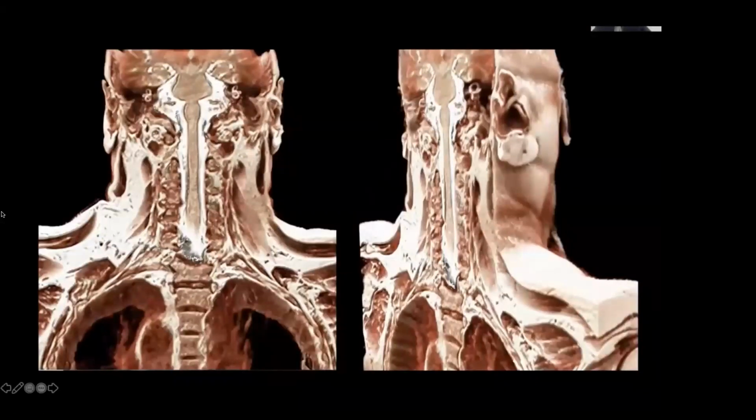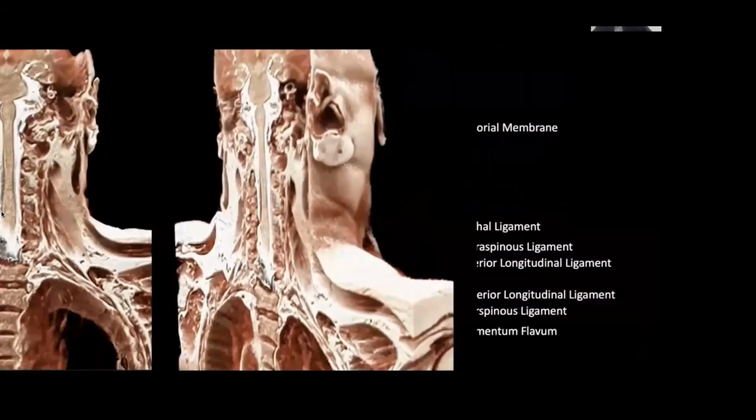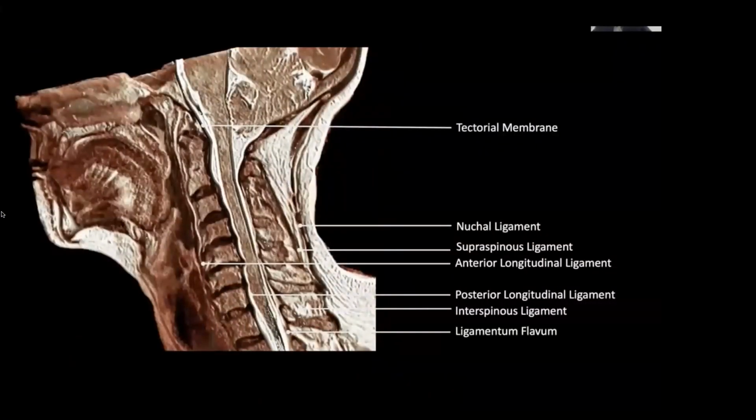Again, depicting that in 3D, you can get a sense of where these structures lie relative to one another, and again some sort of depth perception. Again, I'm not going to go through all the anatomic structures, because obviously you all own textbooks and you all have a subscription to eAnatomy or whatever it is you use.